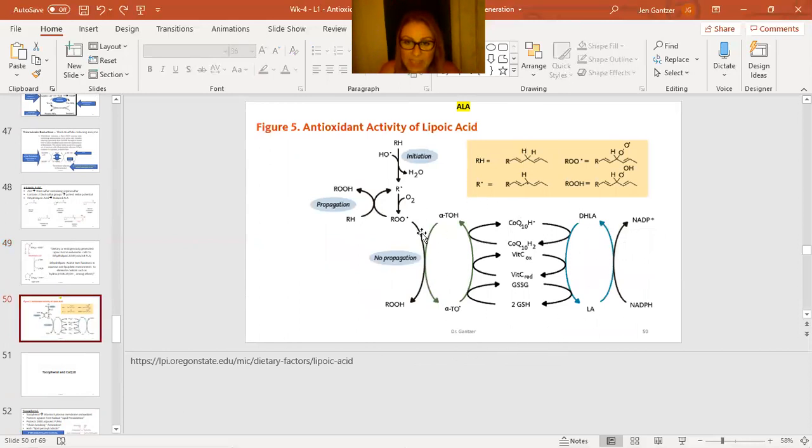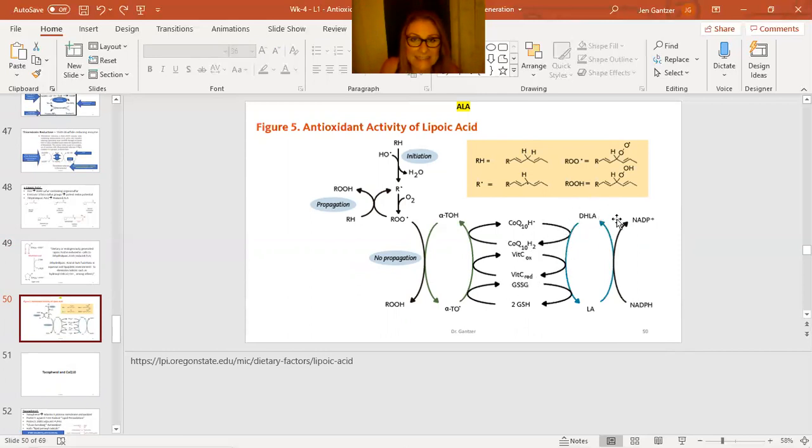Now this is cool, okay? So don't get too confused in here. I'm not gonna make you draw this picture, but you have to get the concept. This is an example where our alpha lipoic acid, right? Here's our alpha lipoic acid. Because of its redox potential, it's interacting on one side to be regenerated by NADPH as it goes from reduced to oxidized. In its reduced state, it is now regenerating CoQ10, it's regenerating vitamin C, and it's regenerating oxidized glutathione.